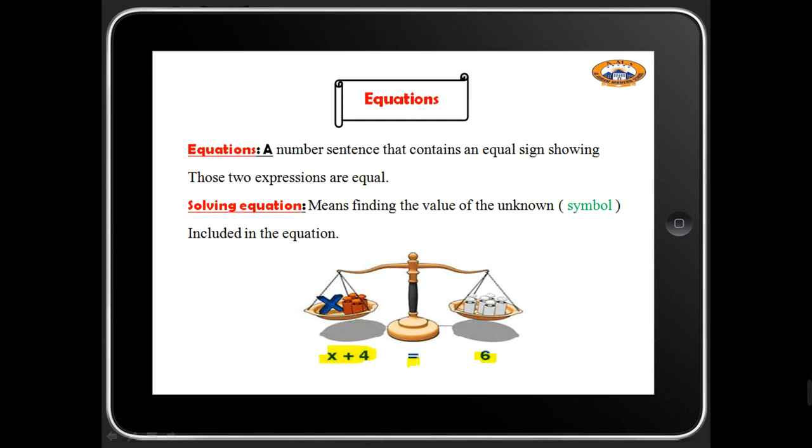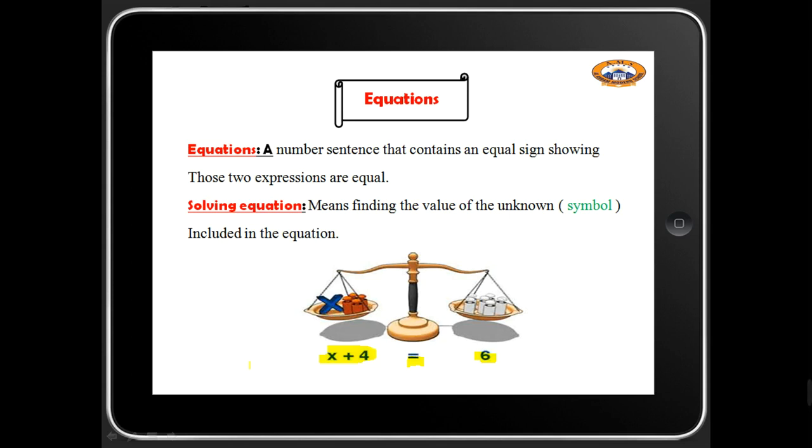So, solving the equation means finding the value of x which will give me the balance between these two sides. For example, if I put x as 1, then 1 plus 4 gives me 5. 5 does not equal the other part, which is 6. So if x equals 1, this does not solve the equation.